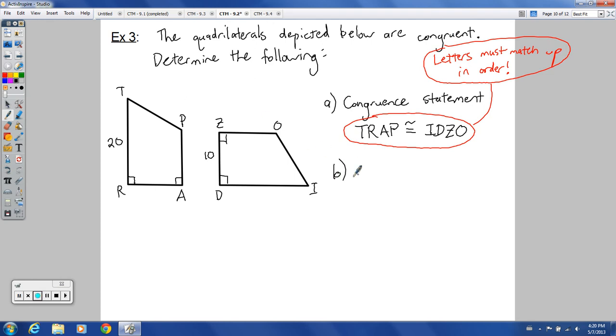So let's check out part B now. Let's say we're trying to find the length of AR and also the length of ID. I know that TR is 20, and since TR matches up with ID, those things have to be congruent.